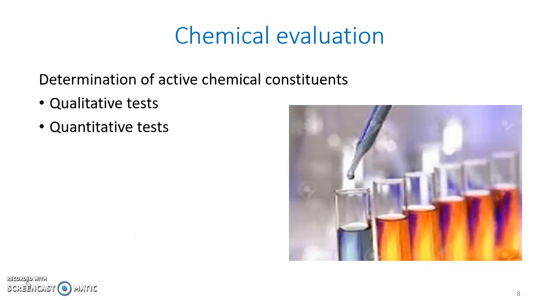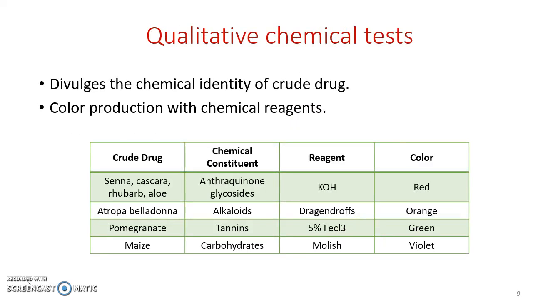Chemical evaluation methods. It involves determination of active chemical constituents by qualitative and quantitative tests. Qualitative chemical tests divulge the chemical identity of the crude drug. These tests are based on definite color production upon treatment with chemical reagents.